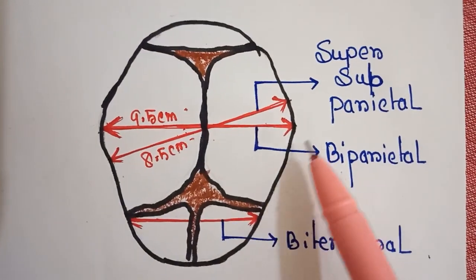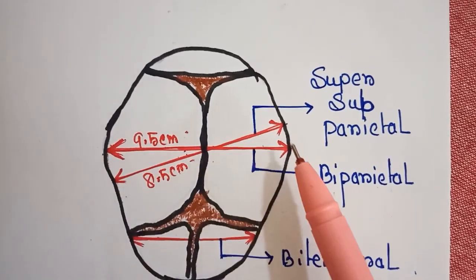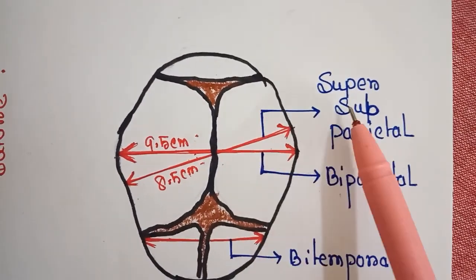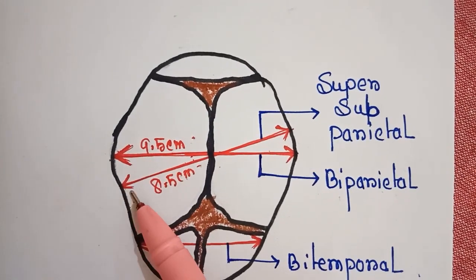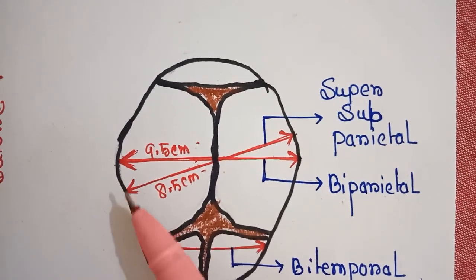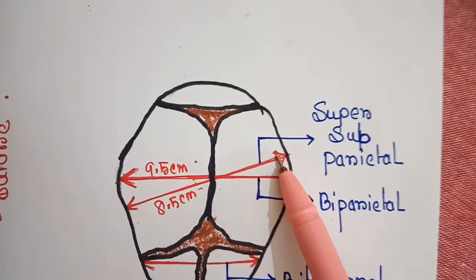So, the biparietal diameter is 9.5 cm, the distance between the parietal eminences, and the super subparietal diameter is 8.5 cm, the distance between the point below the eminence and the point above the parietal eminence.